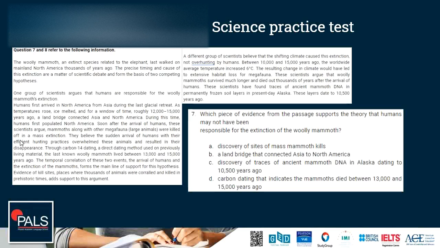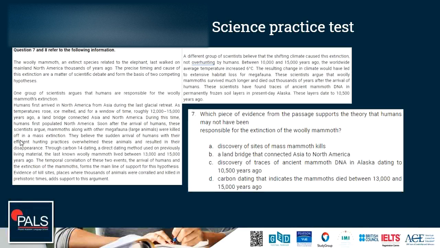Humans first arrived in North America from Asia during the last glacial retreat. As temperatures rose, ice melted, and for a window of time roughly 12,000 to 15,000 years ago, a land bridge connected Asia and North America. During this time, humans first populated North America.